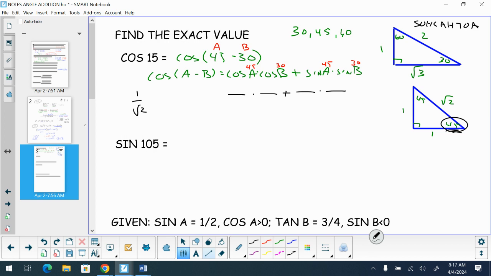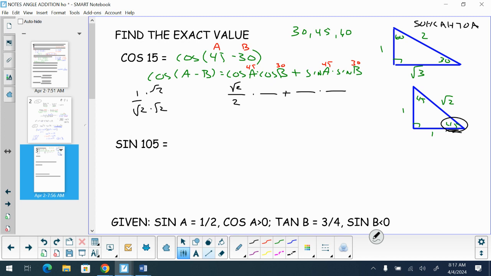What do we multiply top and bottom by to rationalize this? Radical 2. So we have square root of 2 over 2.